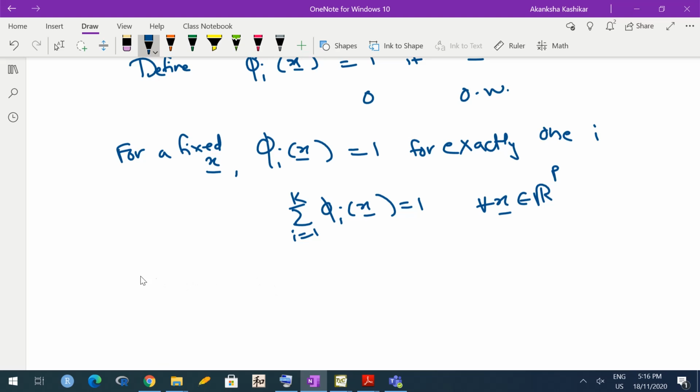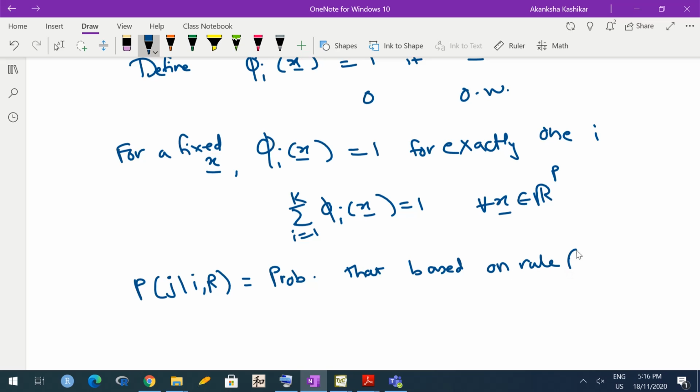Now, let us define P(j given i, R). This is a conditional probability. So what is this conditional probability? It is the probability that, based on rule R, meaning given this particular partition R1, R2, ..., Rk (there can be multiple possible partitions), X is assigned to Pj given that it is actually from Pi.